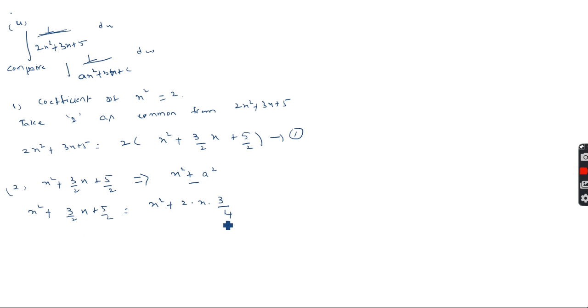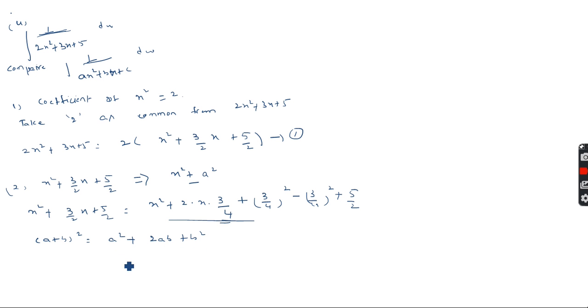Here the b element is 3 by 4. So we add and subtract b square, that is 3 by 4 whole square minus 3 by 4 whole square, plus 5 by 2. What is the formula we use? We use a plus b whole square is equal to a square plus 2ab plus b square.